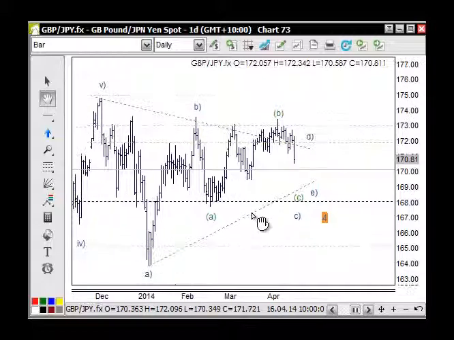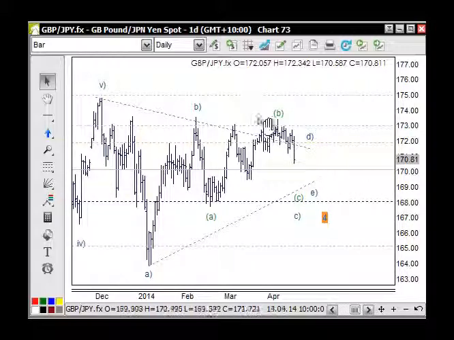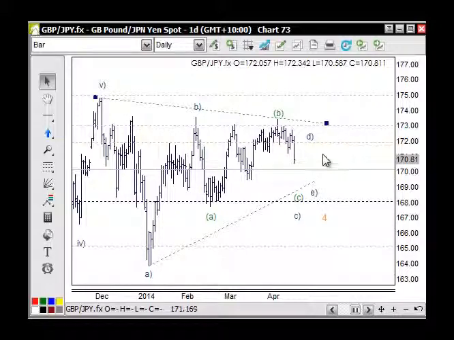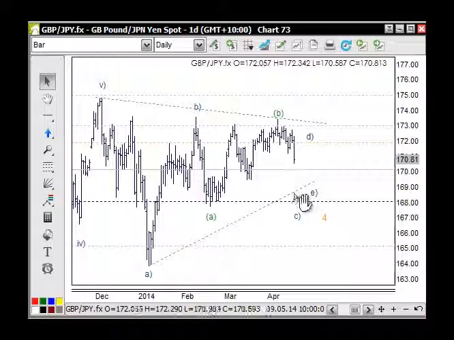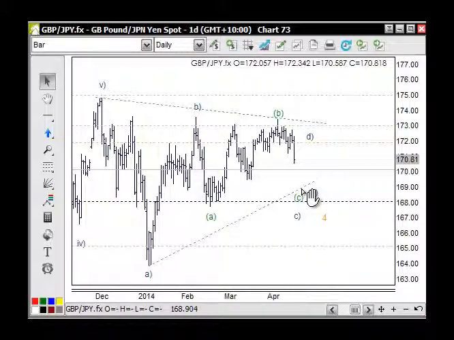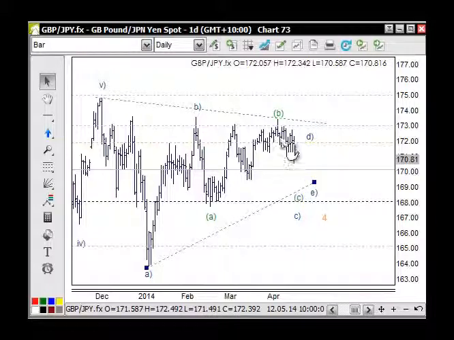It is all really quite complicated, and the best labeling we can find for it is a triangle pattern, as an A and a B and a C for the B wave, and then 5 waves down for the C wave. So this trend line here is just to shape it up a little bit, but obviously there's this here as well. So anyway, let's just see how this goes.